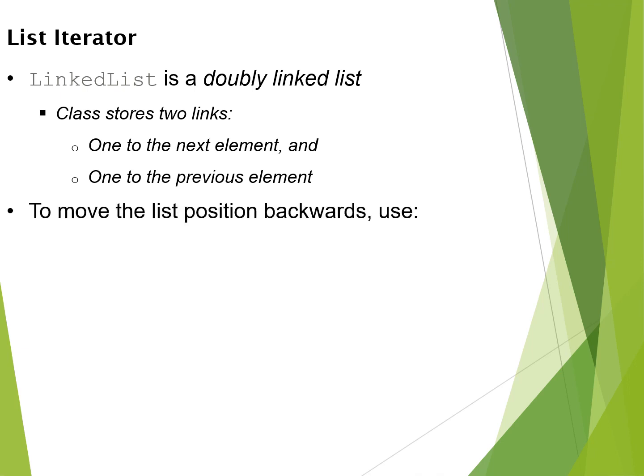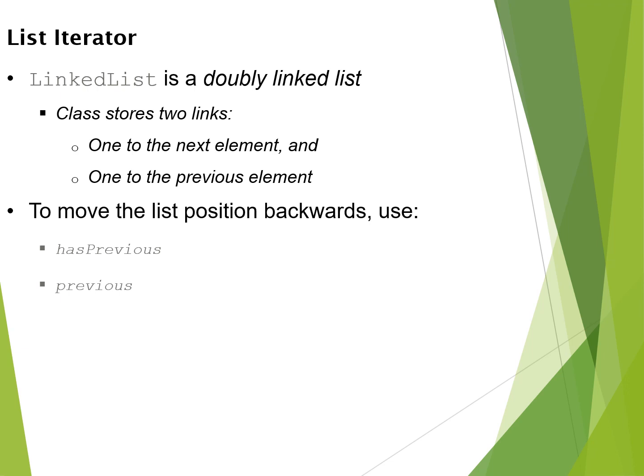In order to move the list position backwards, you need to use the hasPrevious method to check whether there is a previous element or not, or whether you are already at the beginning of the list. And then you can use a method called previous, which is similar to the method next. Instead of moving forward, previous moves backward.